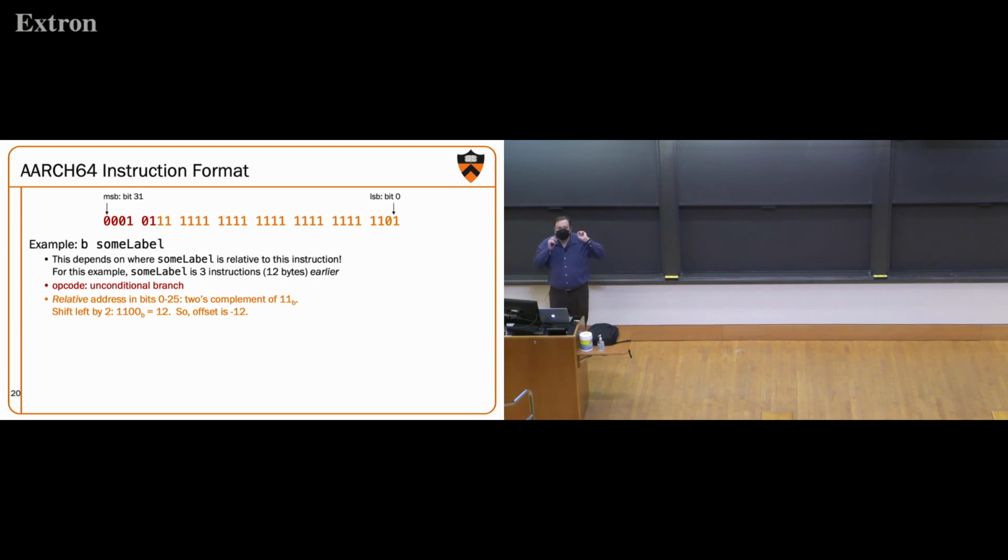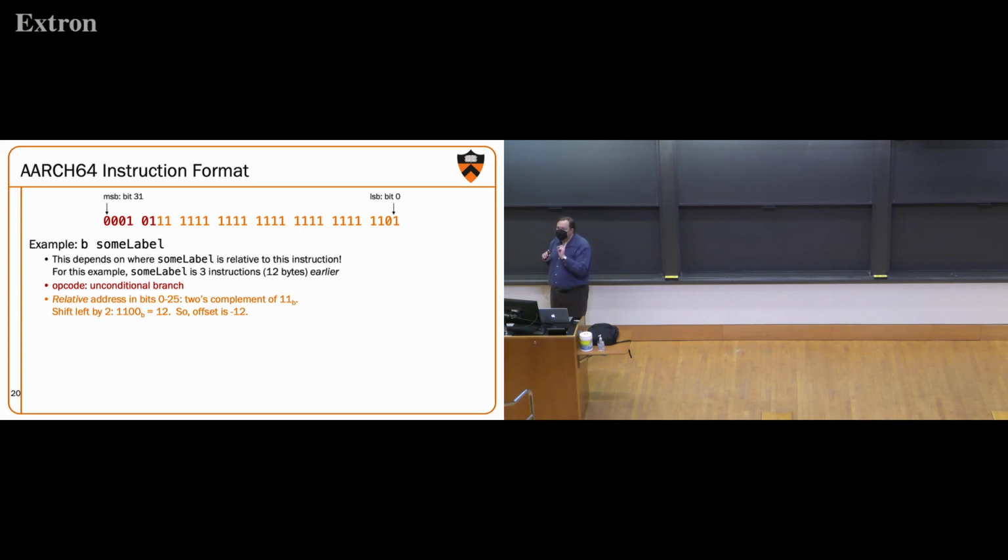And so the true offset here is -12. So this instruction says, whenever you encounter this instruction, branch 12 bytes earlier. Or you can think of this quantity as a number of instructions. So branch 3 instructions earlier. Okay, equivalent way of thinking about it.